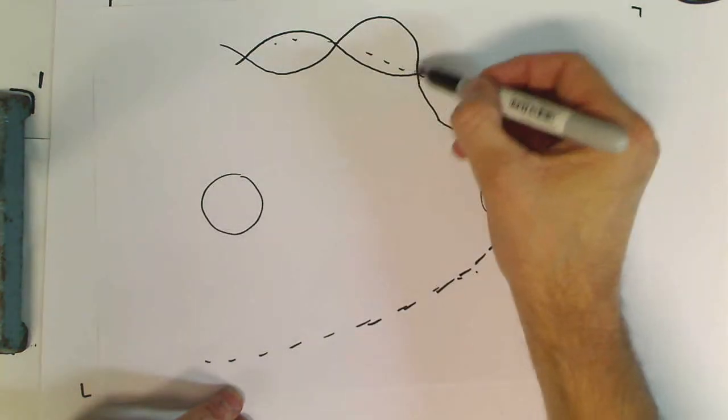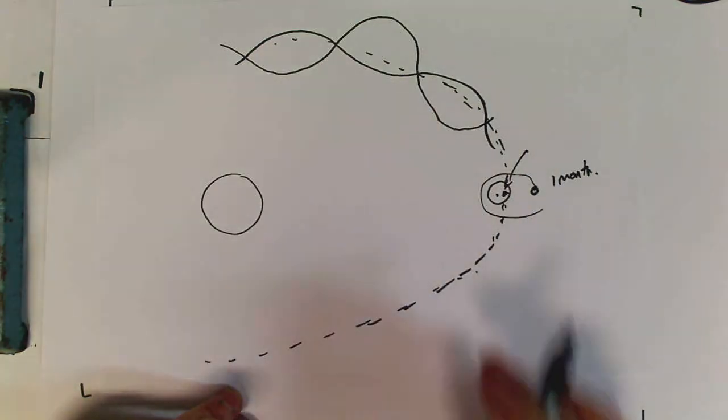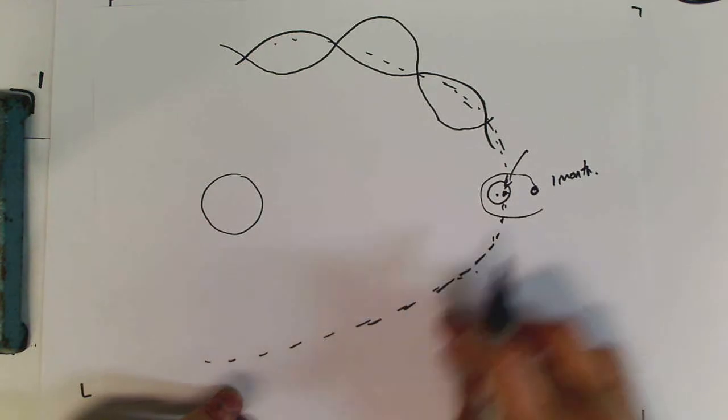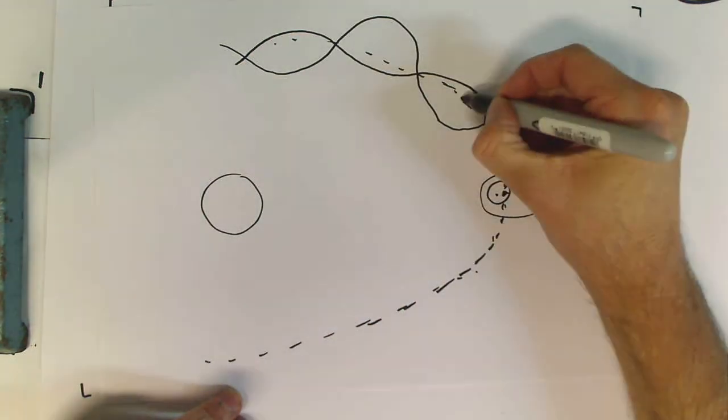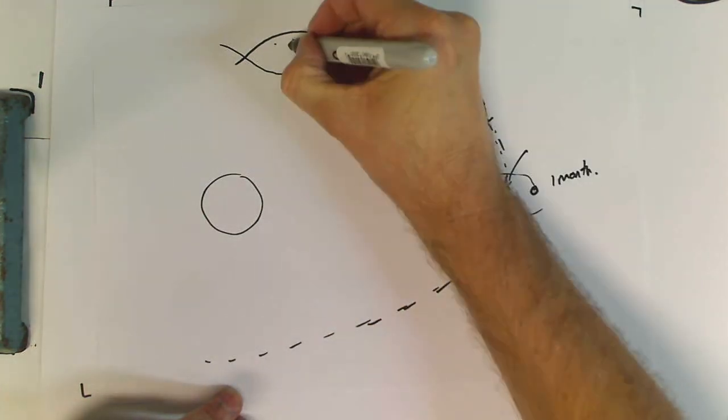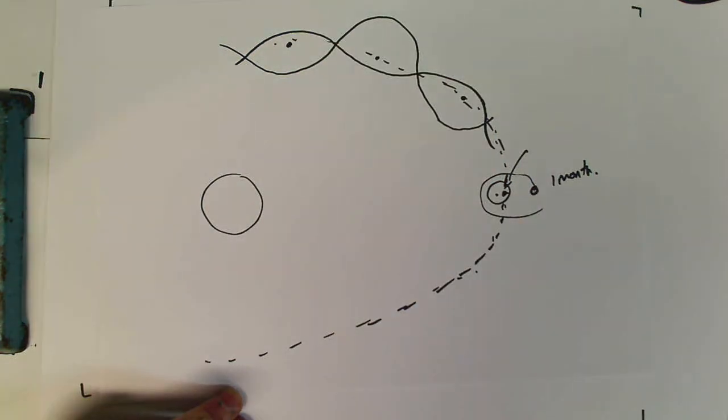So they sort of rotate around the center of mass as they go around the Sun, but it's the actual center of mass that follows that orbit.